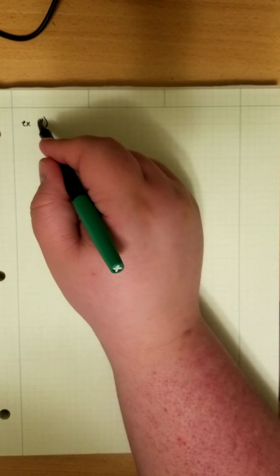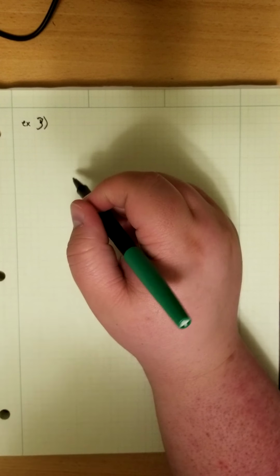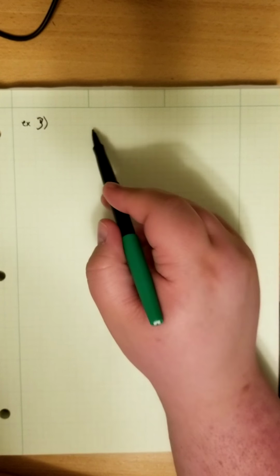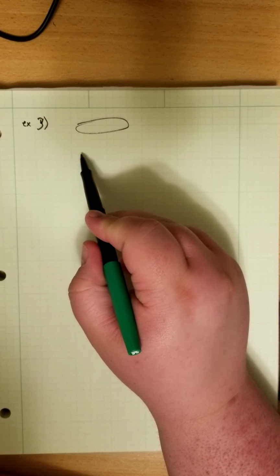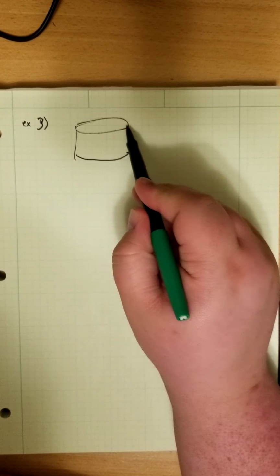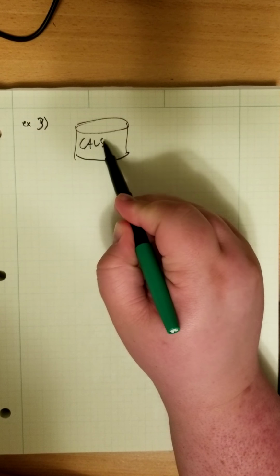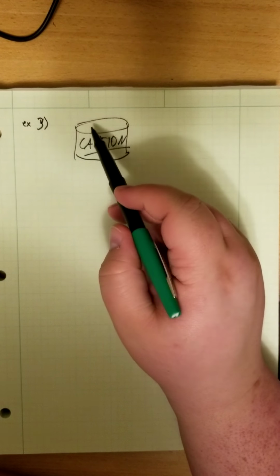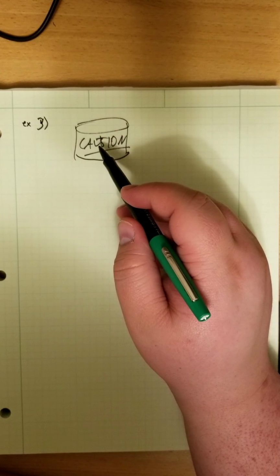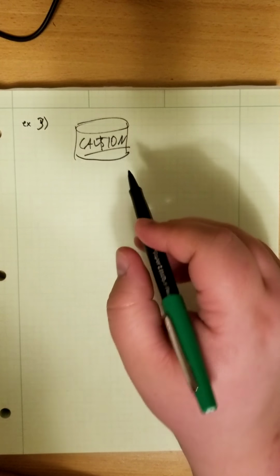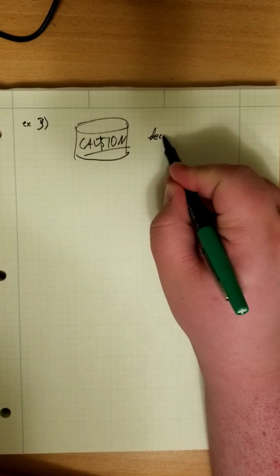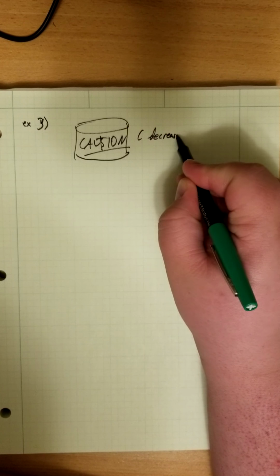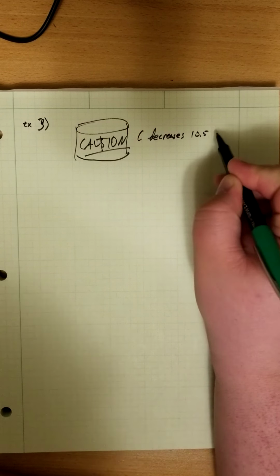Well, you know what? Let's do example 3. It's not too bad. So there's caution tape. And it says that the circumference decreases 10.5 inches.